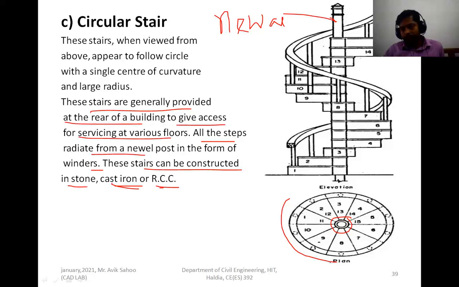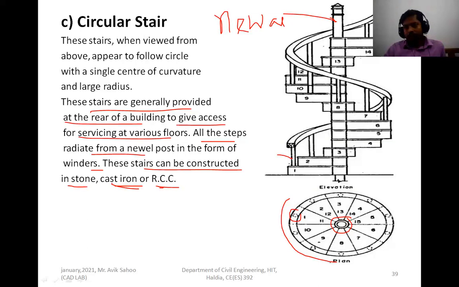So this is a plan view, and you see that this dotted line is the hand railing. The hand railing comes on the plan, but it is not visible. Although this element is present, on the plan it comes as a dotted line.